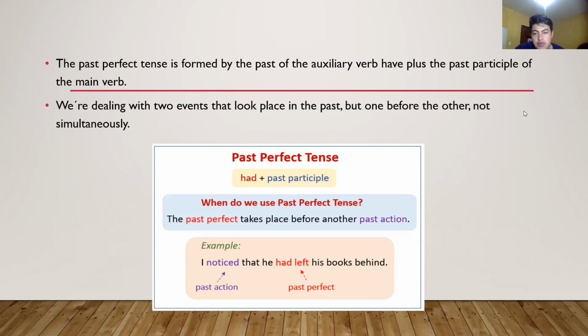As we said before, the past perfect tense is about two events that took place in the past, but one is before the other, not simultaneously, okay?